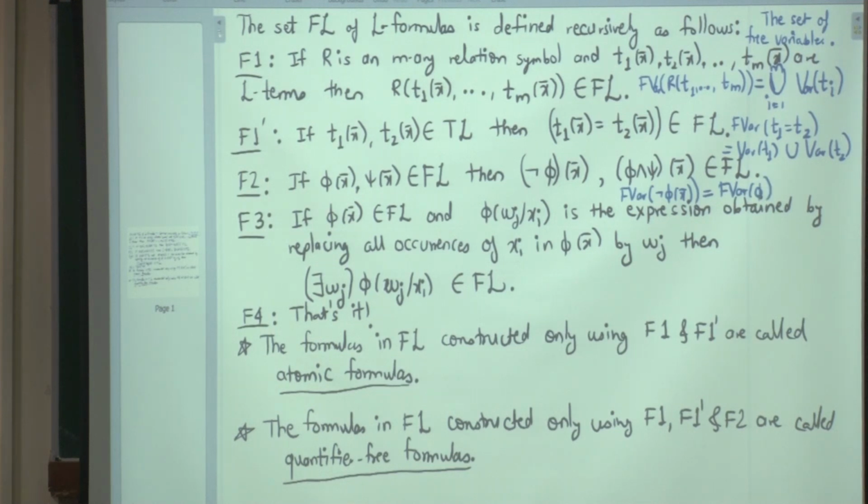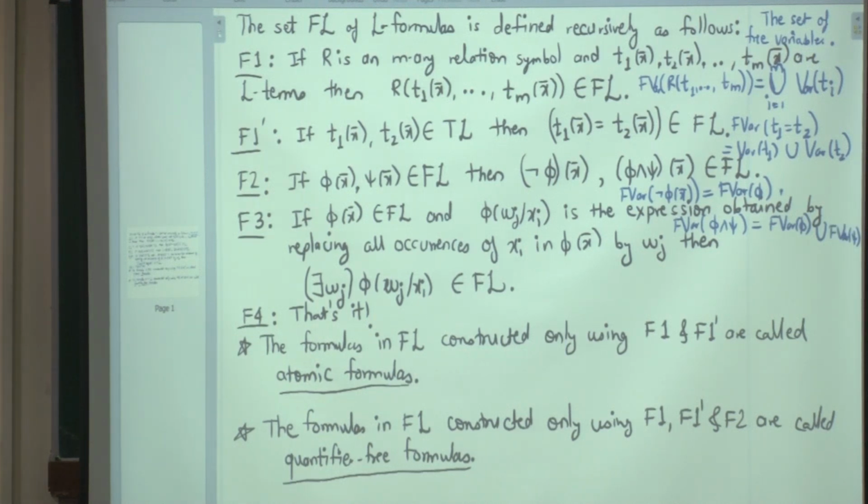We are not going to change anything. For conjunction, the free variables in phi conjunction psi are the set of free variables in phi union the set of free variables in psi.